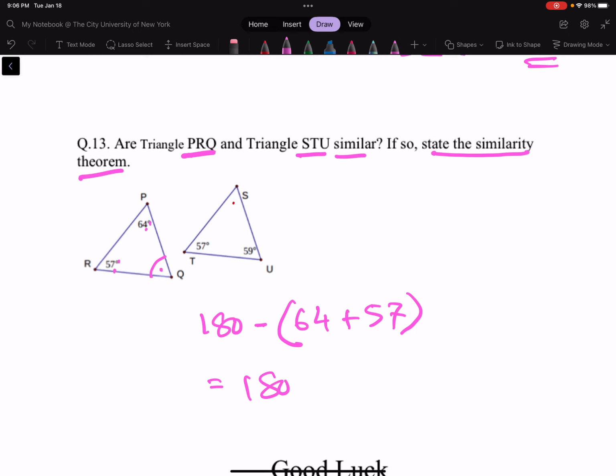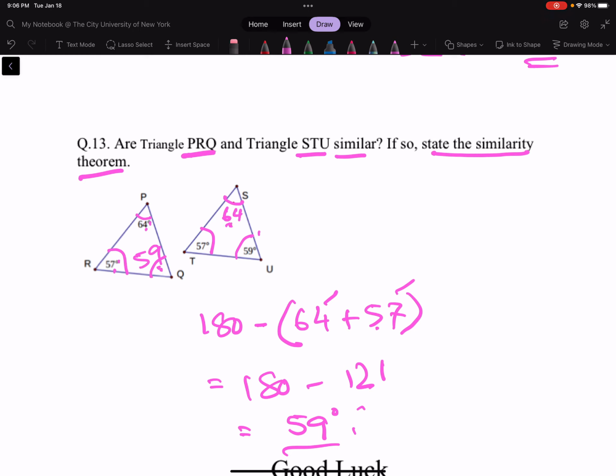So you get 180 minus 7 and 4, 11. 1 remains, and 6, 6, 12. So you get 59. All right. So we can say this one is 59. So this 59 goes with this 59. 57 goes with 59. So obviously this one is 64, this one has to be 64. If you subtract, you will find this is 64.